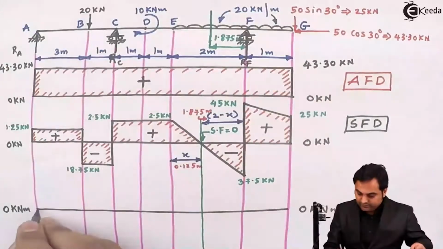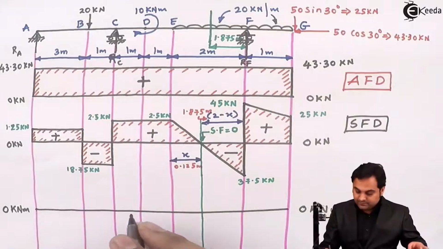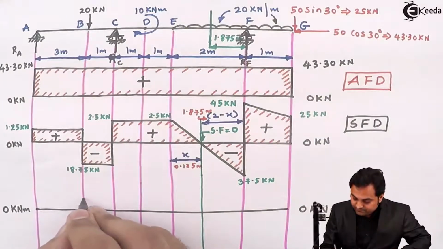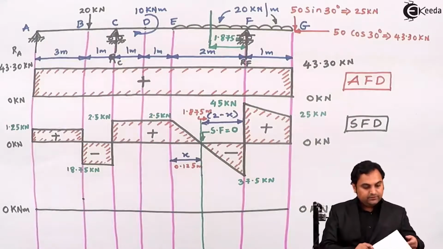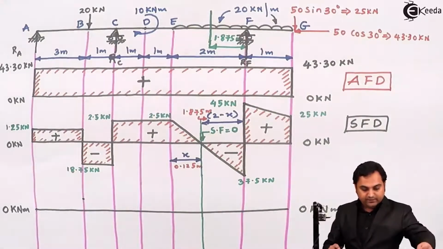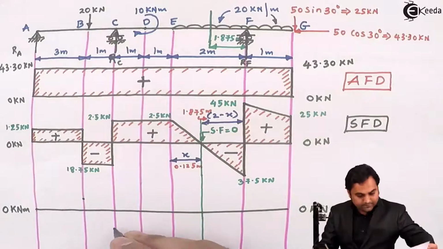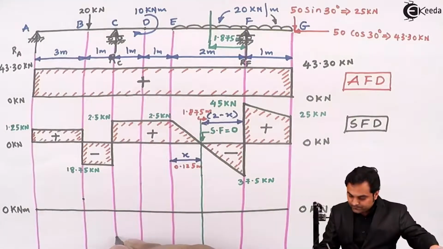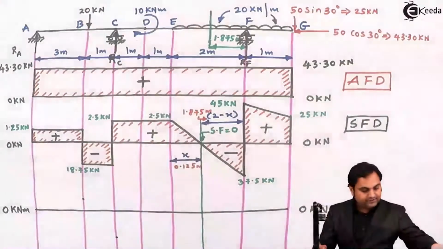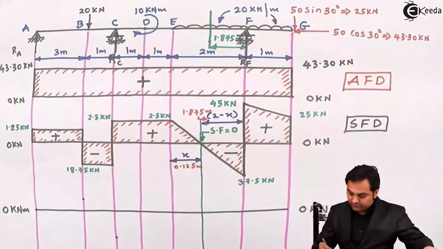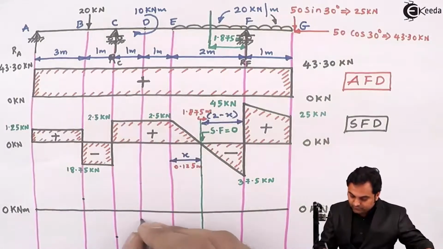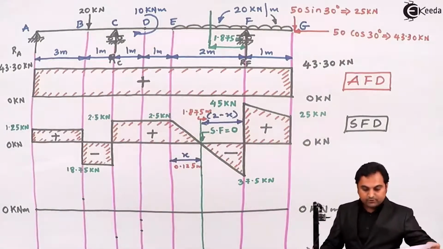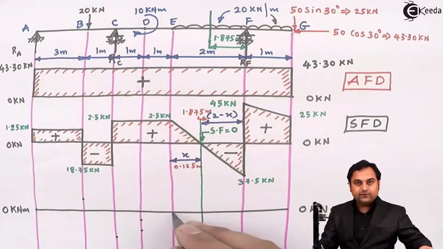I'll put the values at A. At B, it is plus 3.75. Then at C, the value is minus 15 kilonewton meter. Then at D, there are two values. First, minus 12.5. Then minus 2.5 kilonewton meter. At E, the value is 0.